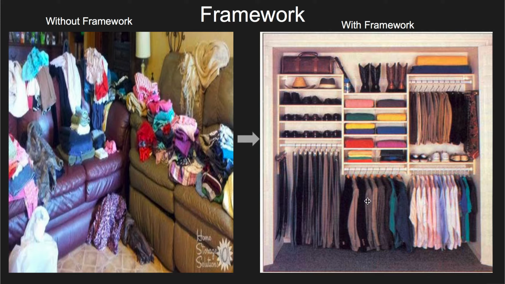So accessibility will be very easy, and if it is easy, it will take less time. Maintenance will be very easy. Next time if you buy one more towel, you can keep it here. If you buy one more pair of shoes, you can keep it here, right? This is a simple way of explaining why we need a framework.